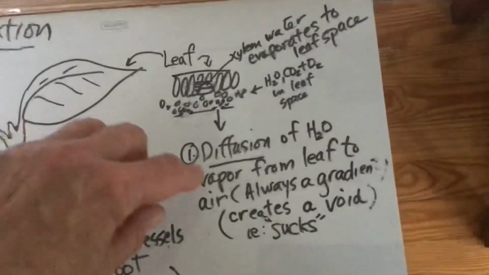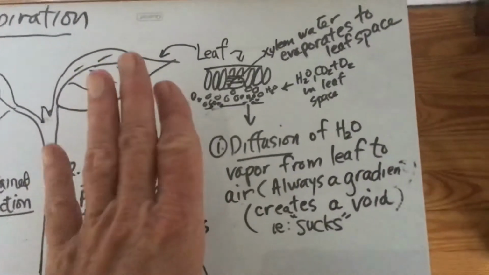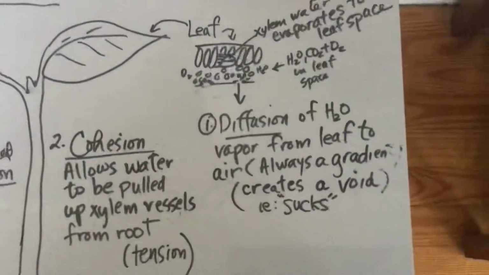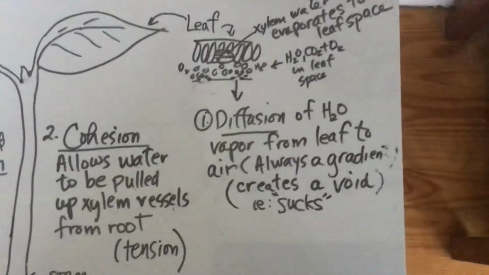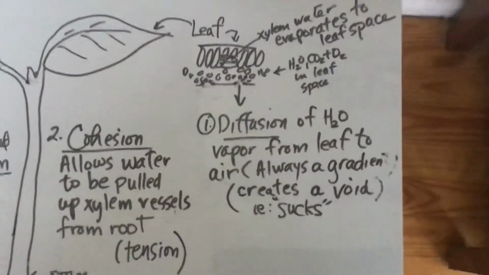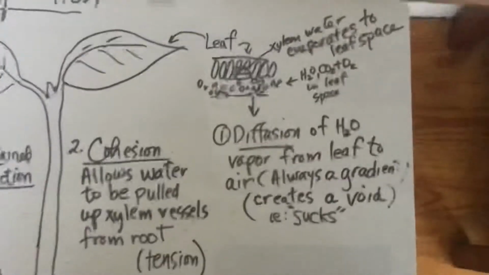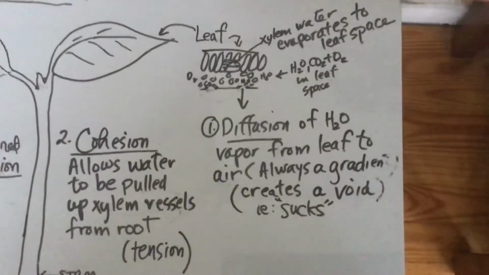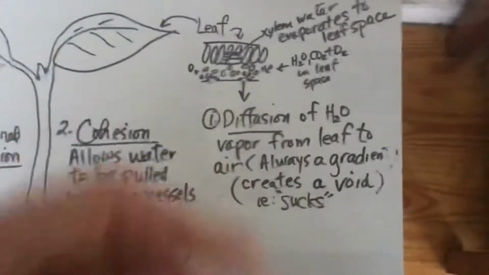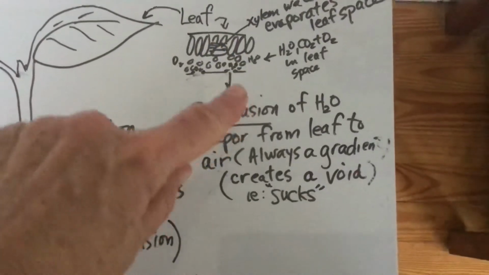All right, so what's going to happen is that the water is going to leave the leaf via diffusion, basically, because the air, even if it's raining outside, is only about 30% water because it has other gases in it. And the water we're talking about in the air is in the form of water vapor. So the water vapor from the internal leaf space is going to leave via diffusion.